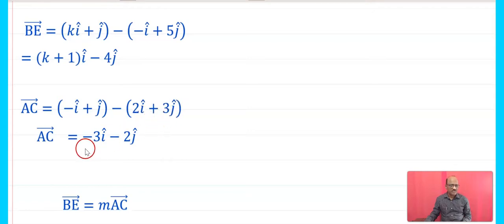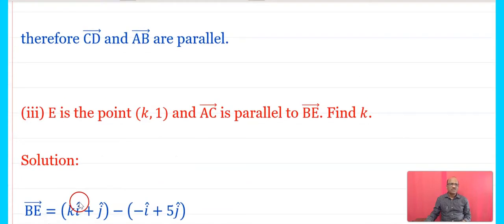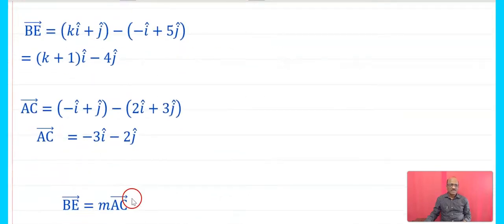And if we solve this, then you will get minus 3i cap, and j cap minus 3j cap, then you will get minus 2j cap. And hence here we have BE is equal to m times AC bar.